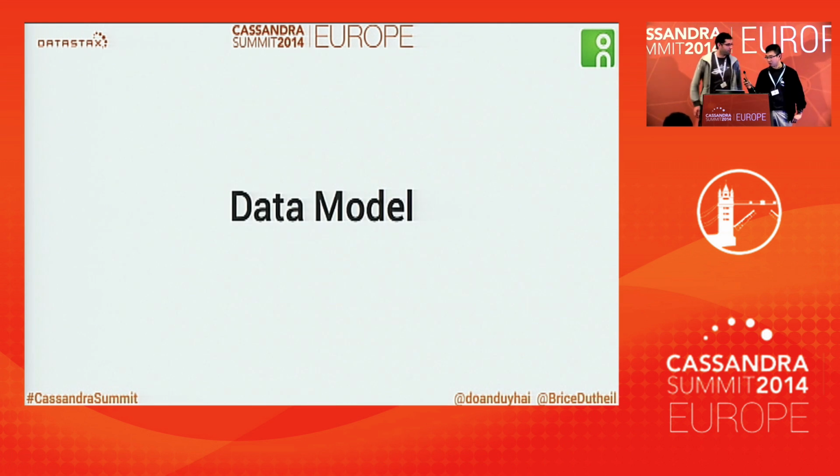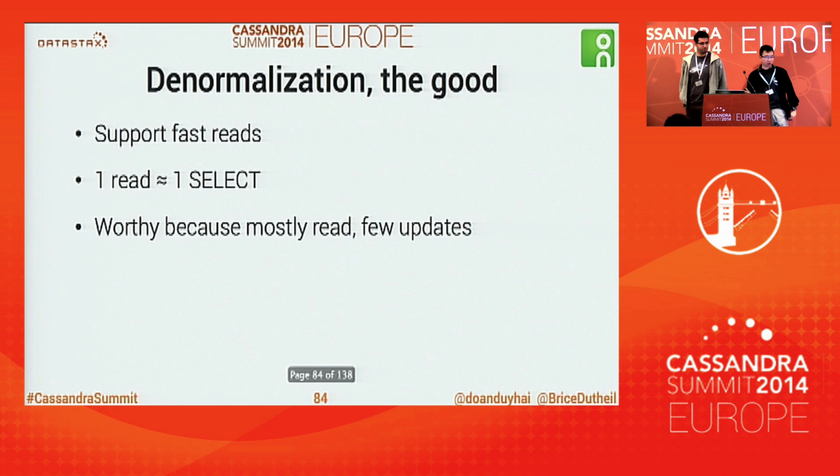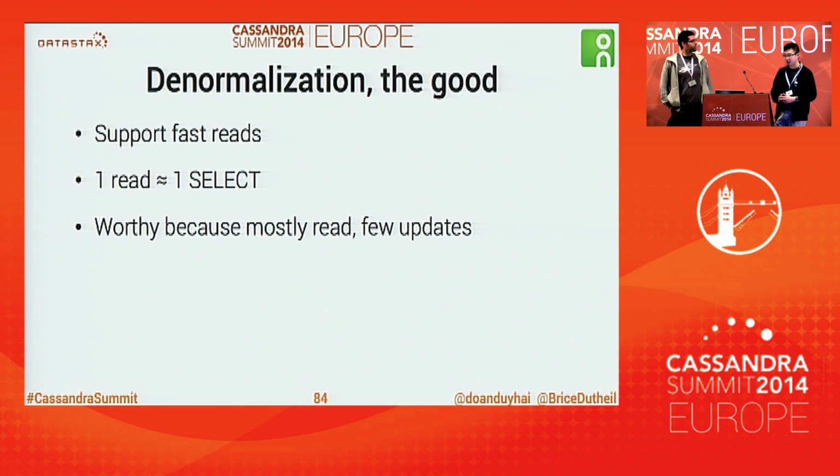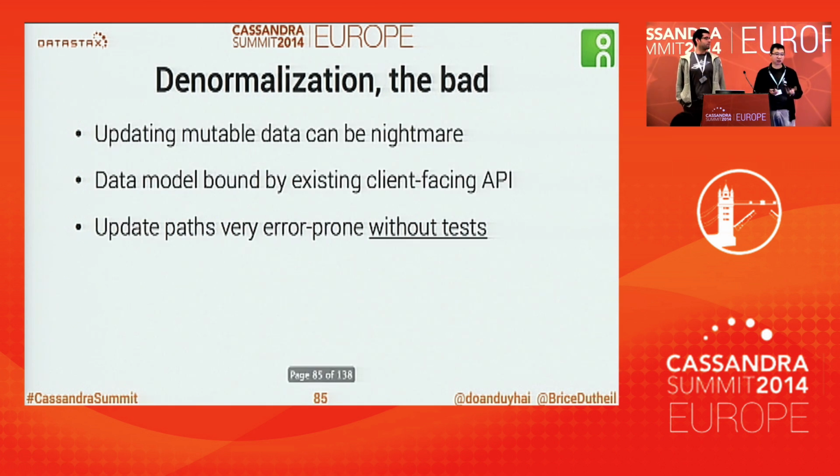Let's dive into the data model. So we denormalize. Denormalization is good because it supports very fast reads, okay? One read pattern is at most one select. That's the idea. It is worthwhile when your business scenario is mostly reads and very few updates. The bad thing with denormalization is that if you need to update mutable data, and if you denormalize a lot, it can be a nightmare, okay?